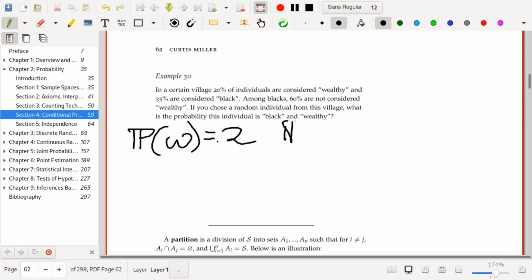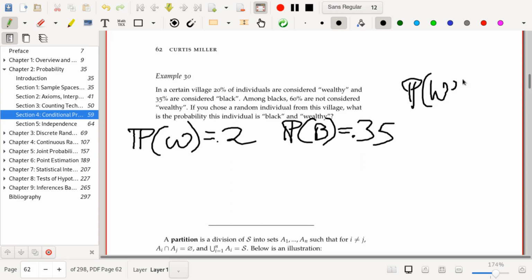The probability of being black equals 0.35. Among blacks, 60% are not wealthy, so the probability of not being wealthy given that you're black is 0.6. Correspondingly, the probability that you are wealthy given that you are black is 0.4.